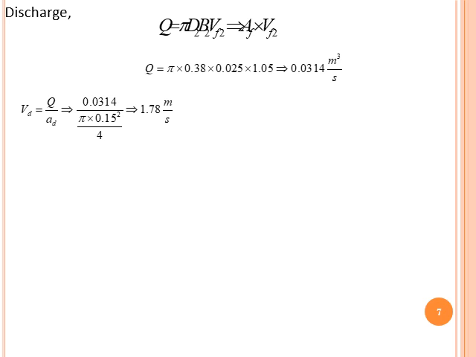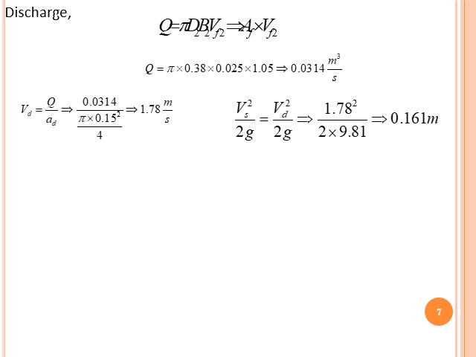Now discharge is 0.0314 and area is calculated using pi d square by 4. The diameter of the pipe is 0.15 meter, hence 0.15 squared, and the velocity in the pipe is equal to 1.78 meter per second.